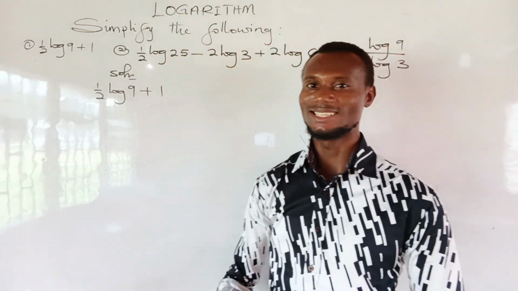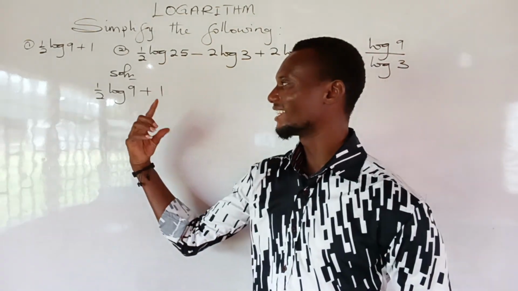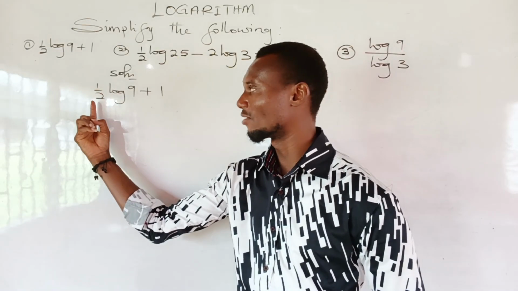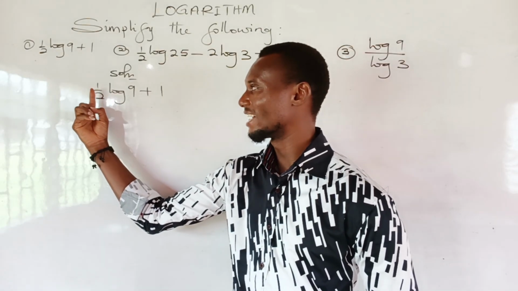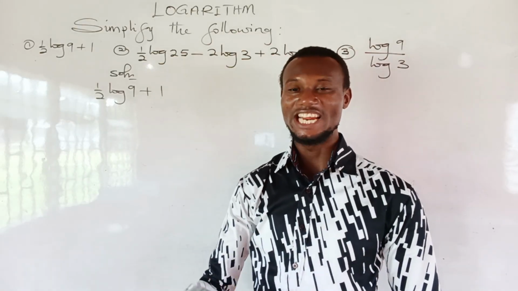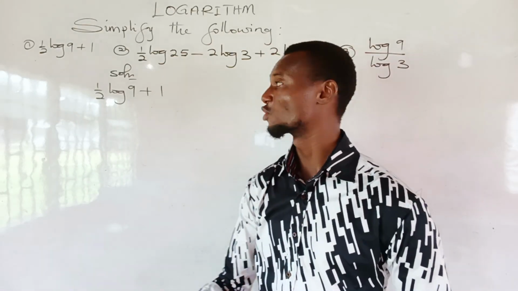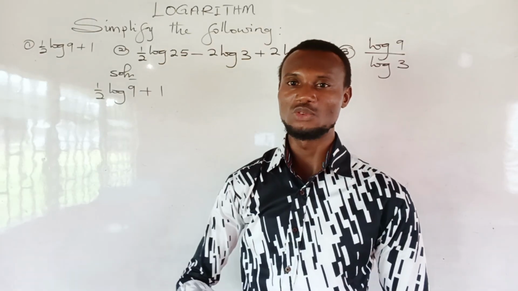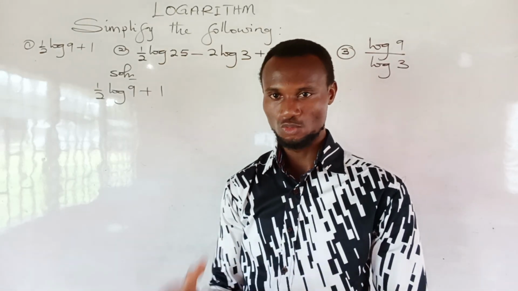And you know that because we are seeing a coefficient here to the log, which is the 1 over 2, you can see that we have a number in front of the log. So it means we are going to apply the power rule. And also you know that we have an addition sign here. So it also means that you are going to apply the product rule.